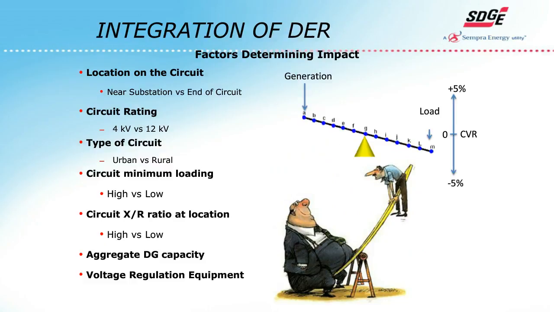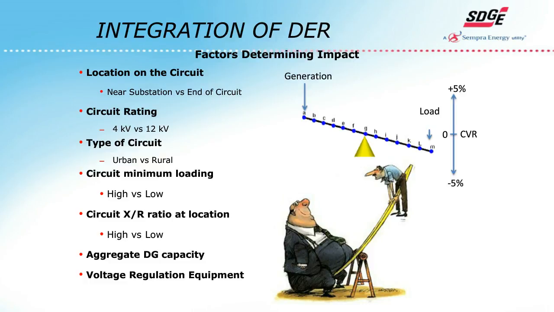So one of the things here that I'll talk about now is really this whole idea of how do you decide and how do you determine what the impact of DER is going to be? And this is a really pretty good summary. If you take a look at that seesaw, you can imagine that, prior to that big guy jumping on the seesaw, the guy on the right here is actually sitting on the ground, experiencing relatively low voltage.